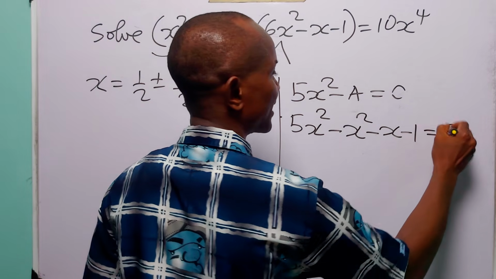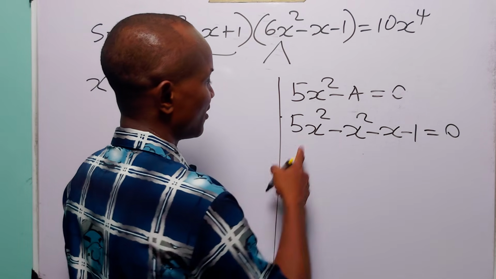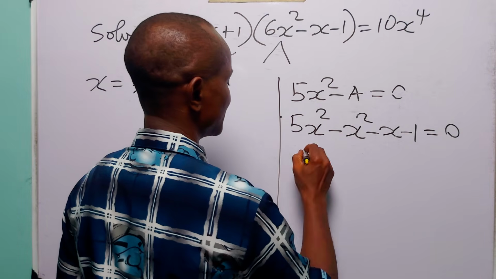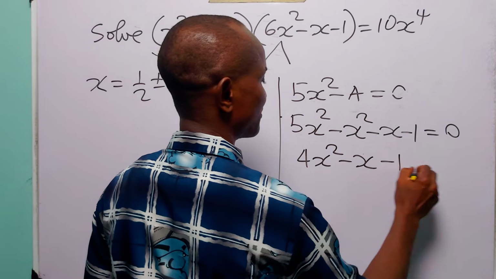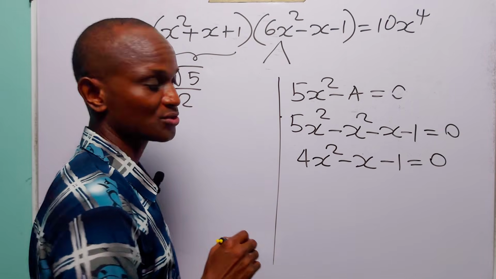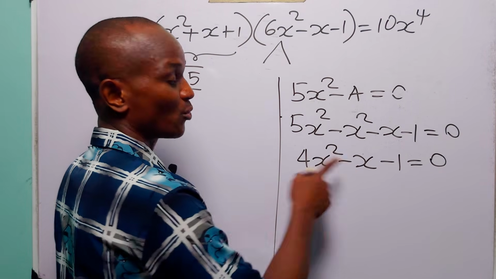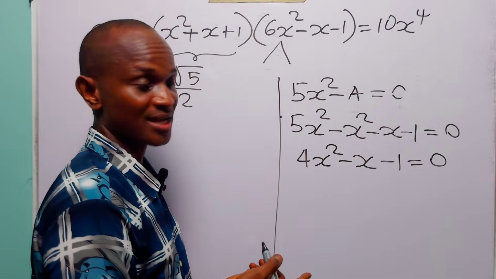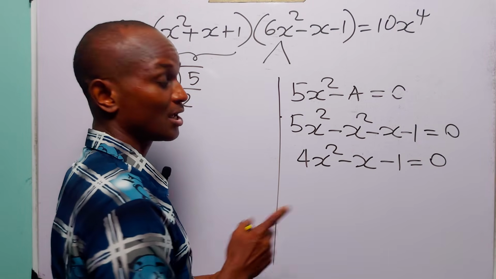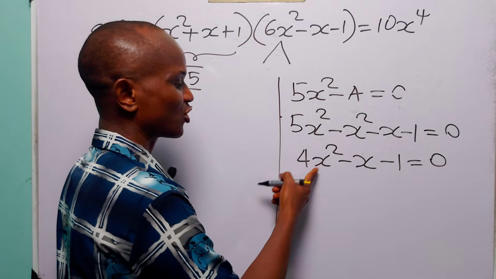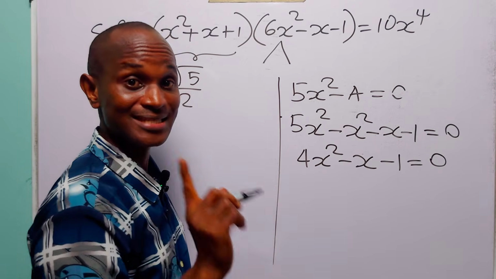And in the second case, we can write this equation as 5x squared minus x squared minus x minus 1 is equal to 0. 5x squared minus x squared is going to give us 4x squared. Then we have minus x minus 1, and this is equal to 0. Once more, we can solve this equation by factorization, but let us solve it using the completing the square method. To do that, we need to make sure that the coefficient of x squared is 1.